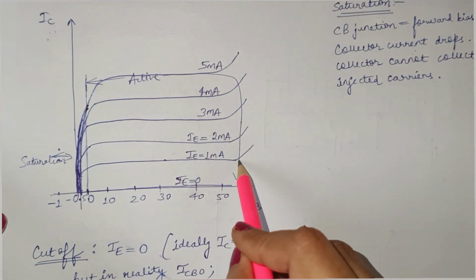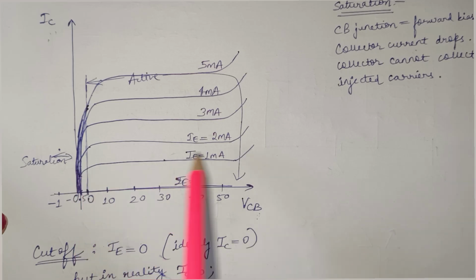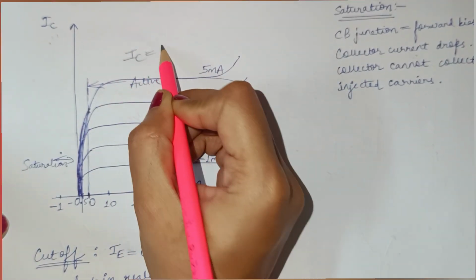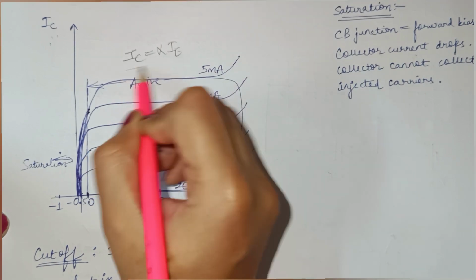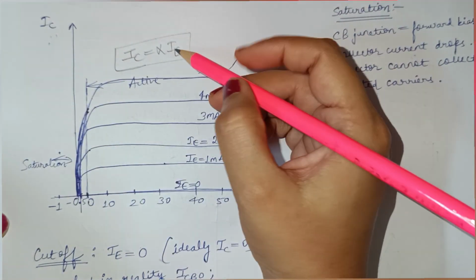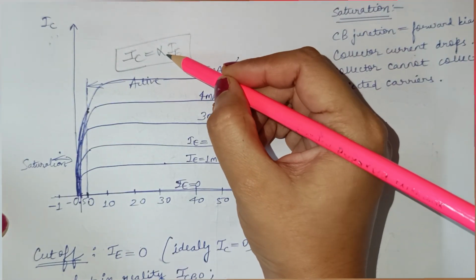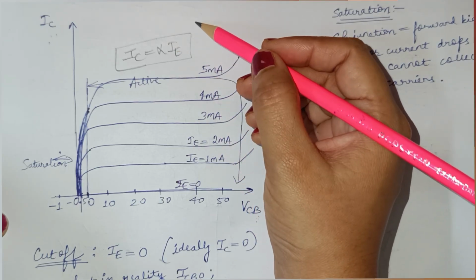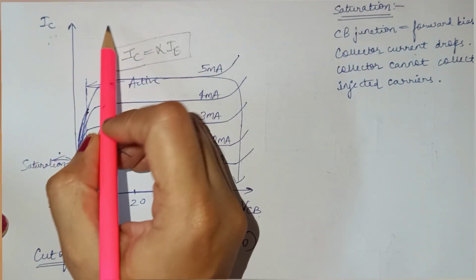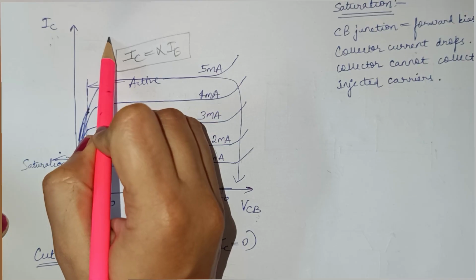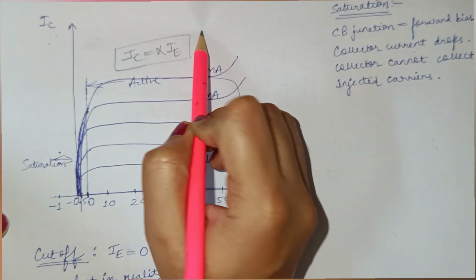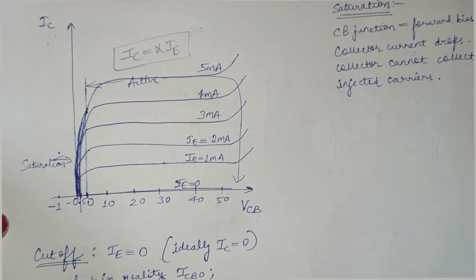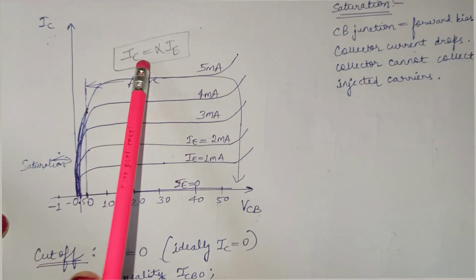Transistor action is that IC should be equal to alpha IE. You know this formula. And for an ideal transistor this alpha should be 1. So IC should be equal to IE. If what we inject at the emitter is collected at the collector, then it is a proper ideal transistor. So the input current should be equal to the output current.